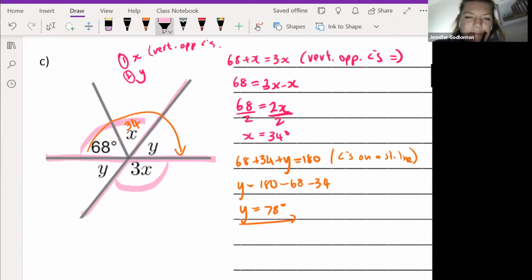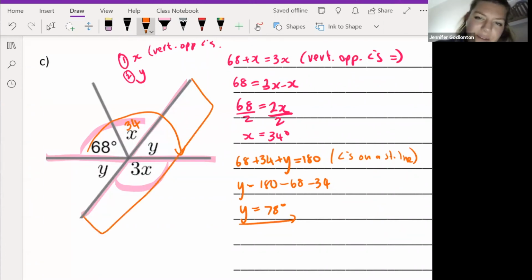For example, if I put my ruler over here, imagine this is a ruler, I'd be able to see that that's a straight line. When we're doing vertically opposite angles, what we're wanting to do is find two straight lines that are intersecting each other.